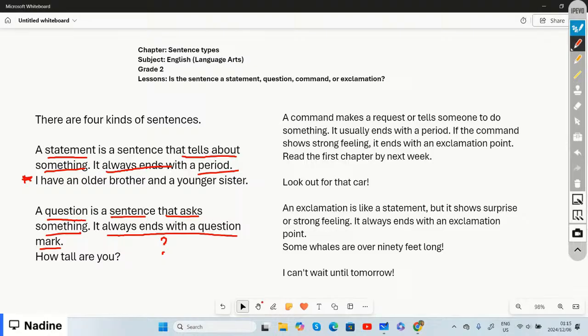So once again, we have a question, and a question is a sentence that asks something, and it always ends with a question mark. And if you look at an example of a question, it says, how tall are you?